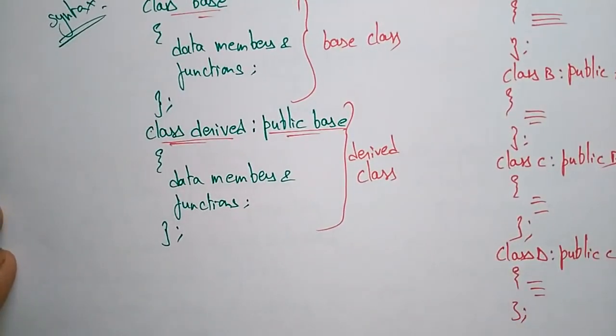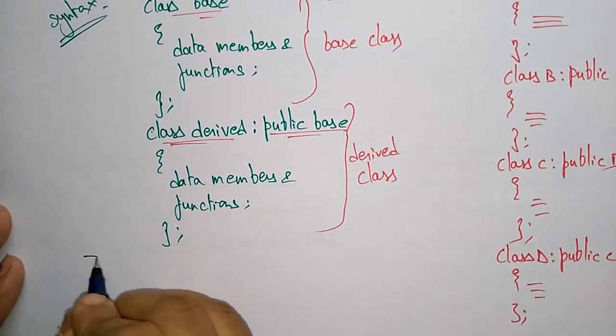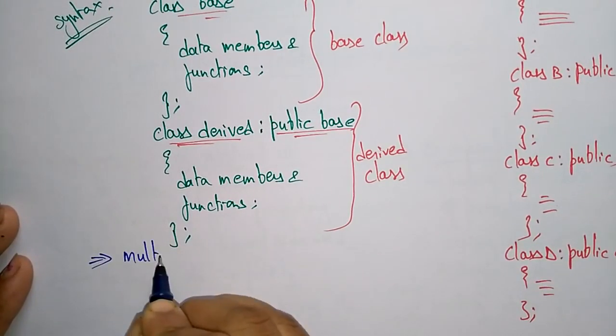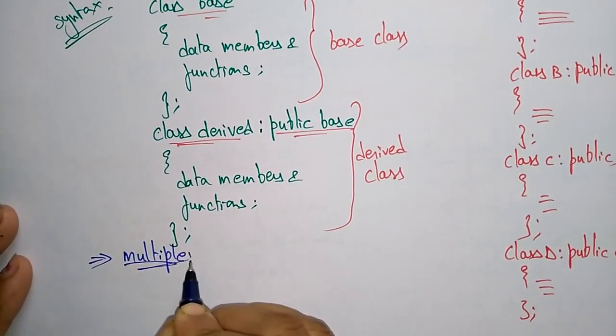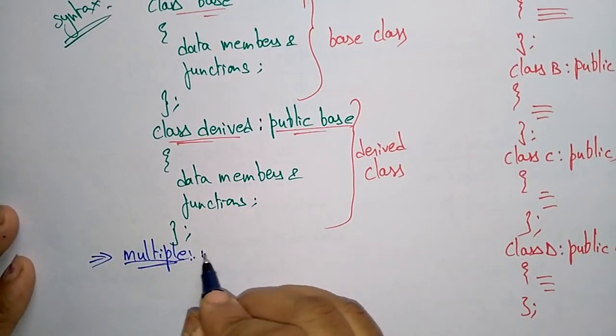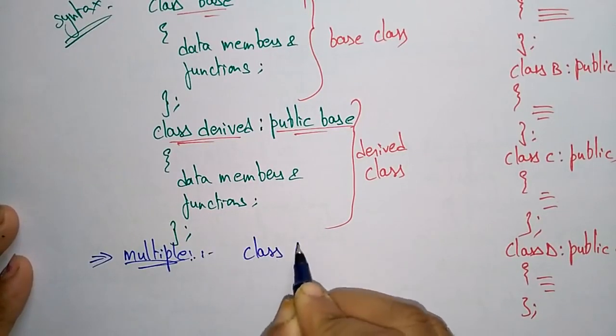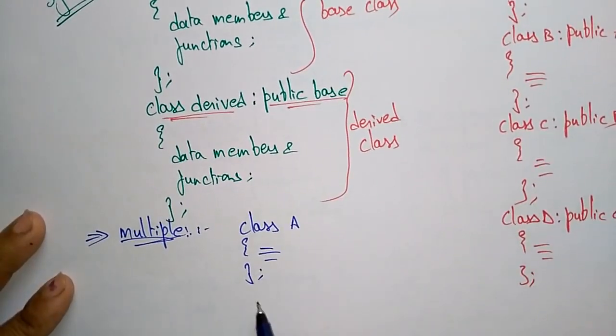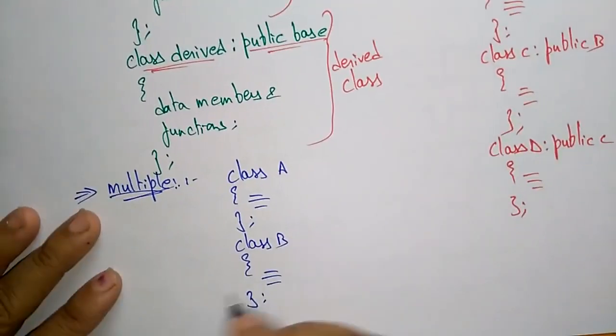Now coming to the next one, multiple inheritance. How will you write it? Suppose class A has some data members and functions, and class B has data members and functions.